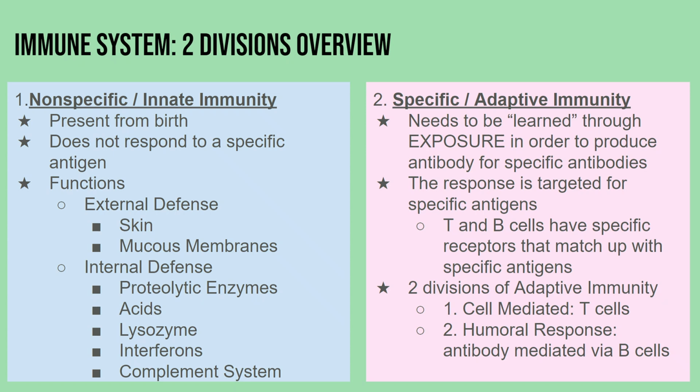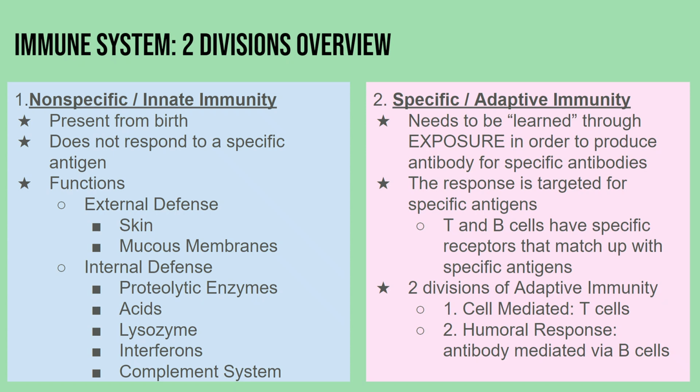It's not looking for a specific pathogen like the flu; it will attack any pathogen. Lysozyme is another one to bring up. That's in your saliva, so any pathogen that might enter your mouth, it's going to attack.